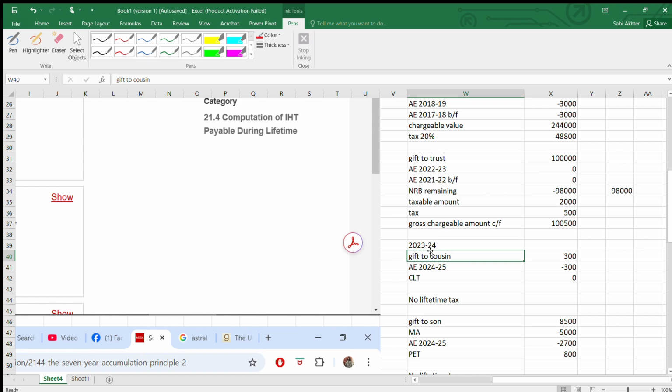So here it is gift to son. The value is 150,000.